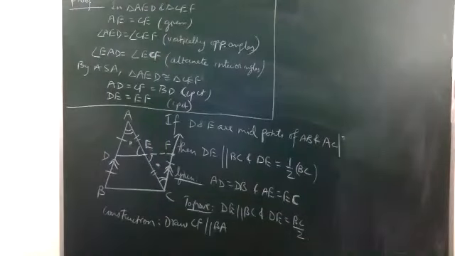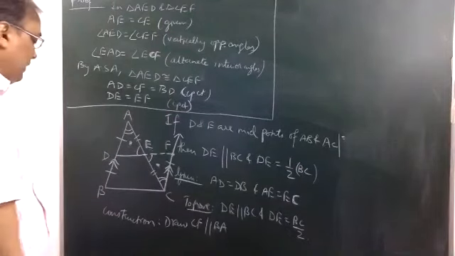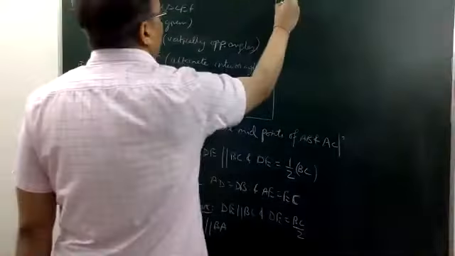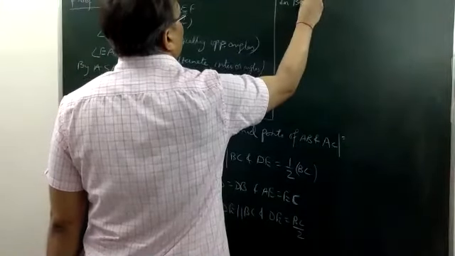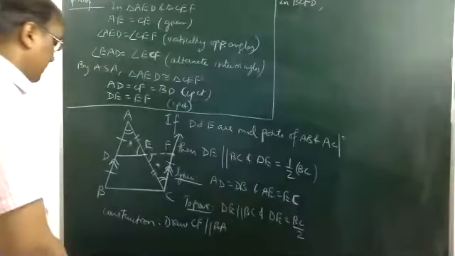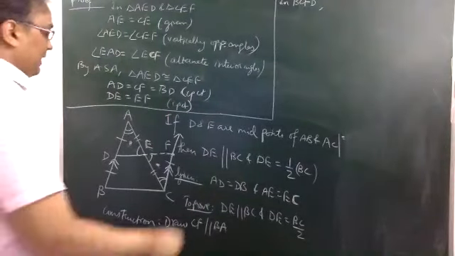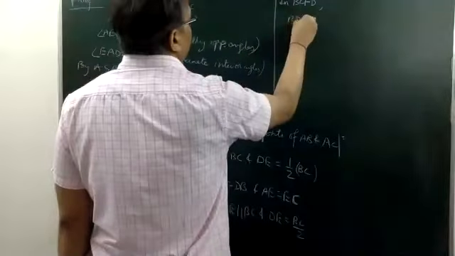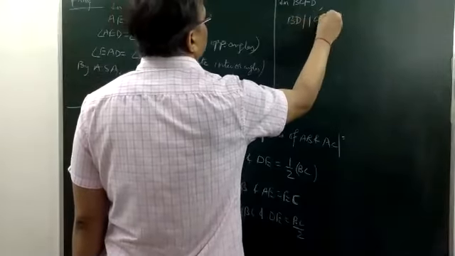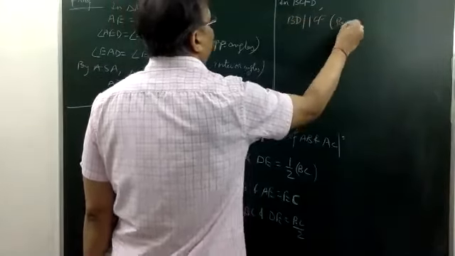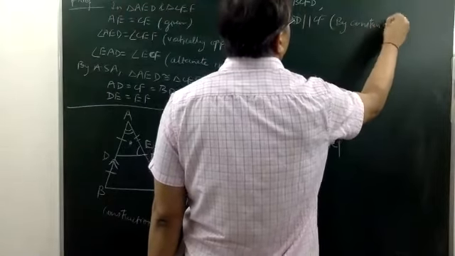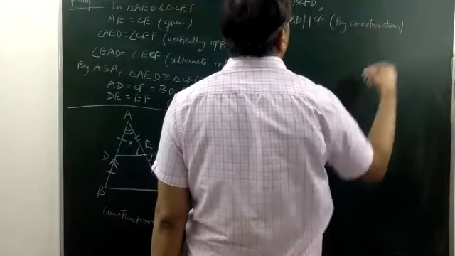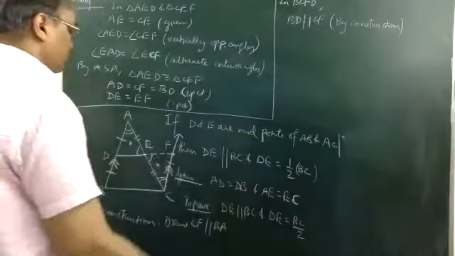Okay. Now we have in BCFD, BD is parallel to CF by construction. And BD is also equal to CF.